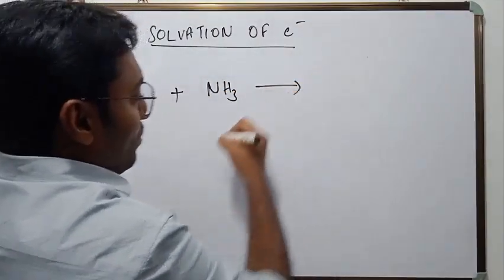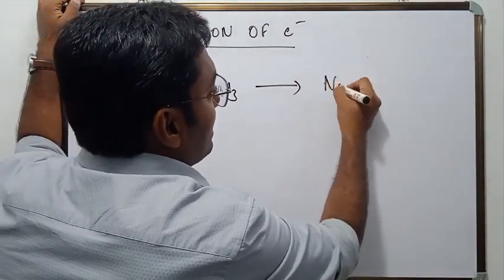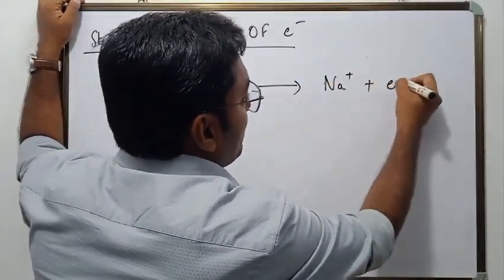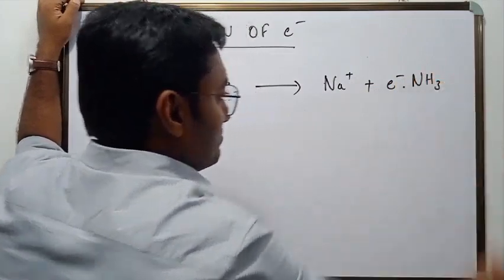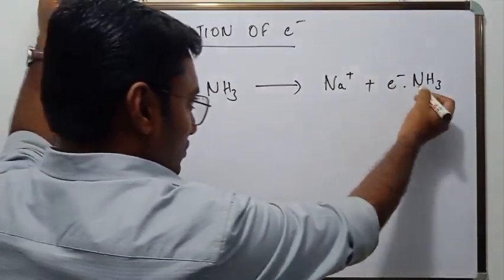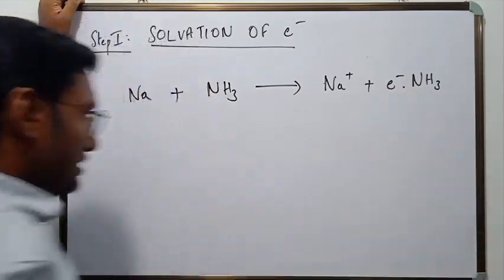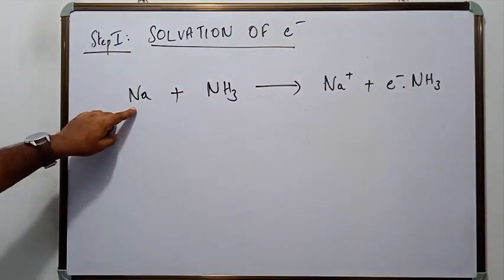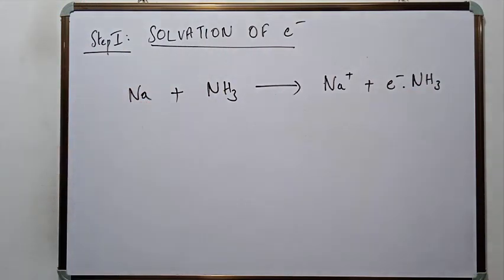Now what happens is this becomes Na plus, the electron goes from sodium, it dissociates and solvation occurs. This is a dot, indicating solvation occurs. So this is the reaction. For examination purposes, you just have to write this. Now let us try to understand what is happening here.